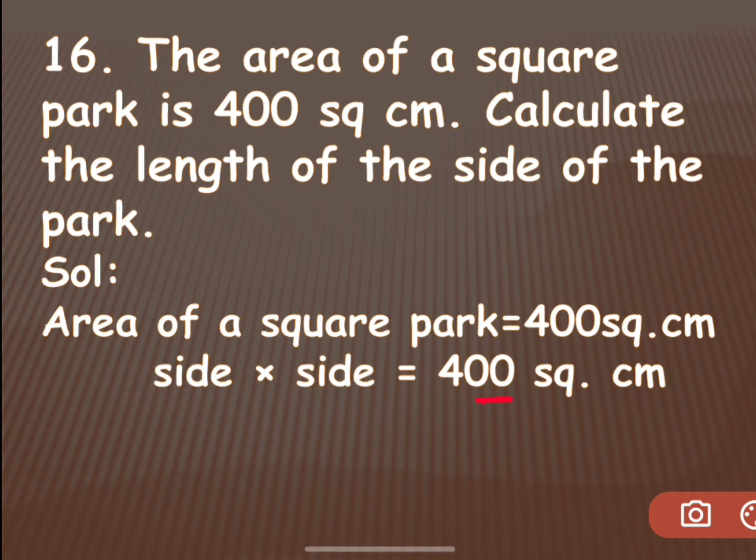So let's do some mental maths. Here you have two zeros. Do you remember, children, when we were multiplying with 10, 100, after multiplying the numbers, we used to count the zeros and keep them in the answer, isn't it?